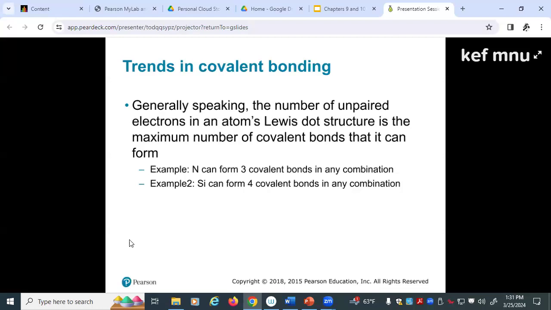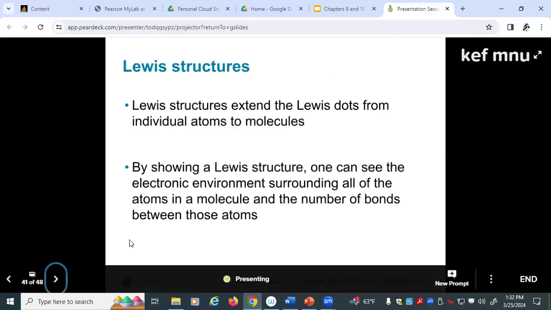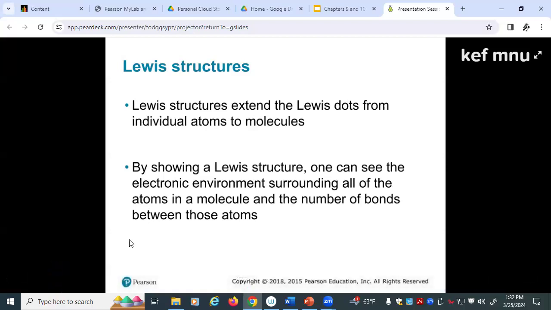So from this simplistic standpoint, when we're starting to figure out how things bond, what we want to look at is how many bonds can something make, and trying to make a molecule that kind of makes the most sense based upon a couple of key ideas. And so when we go from talking about atoms and their individual electrons to a molecule, we go from Lewis dot symbols to something called a Lewis structure.